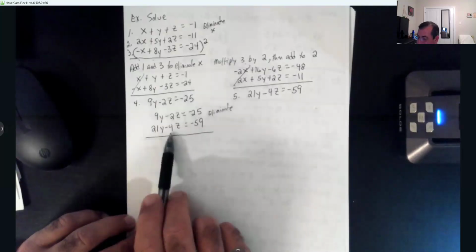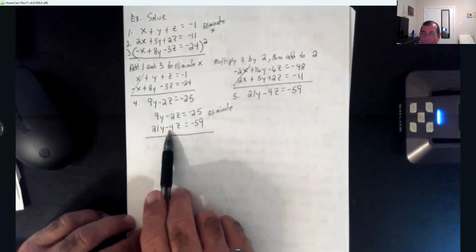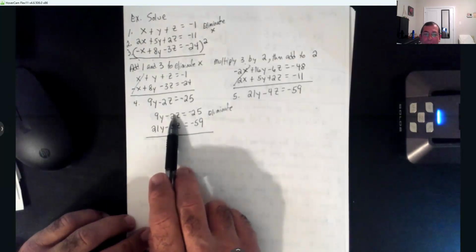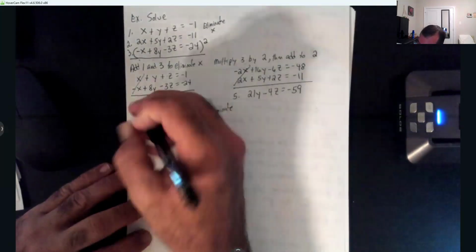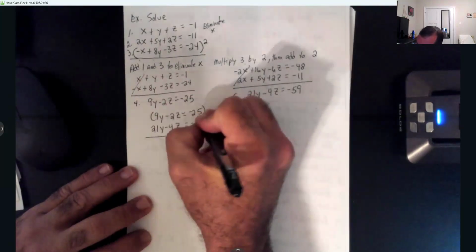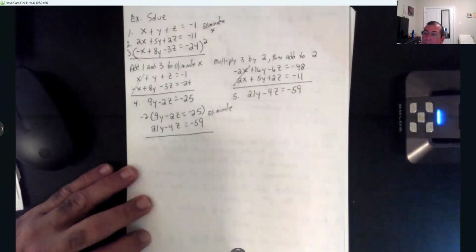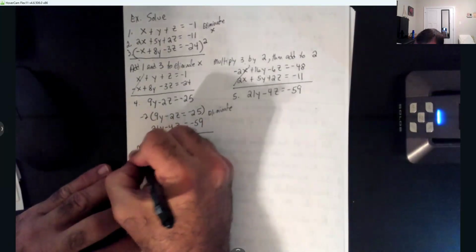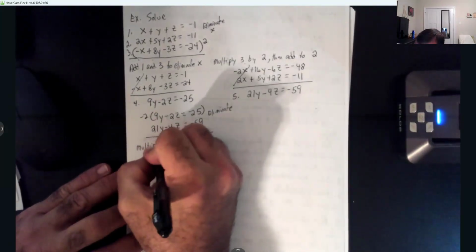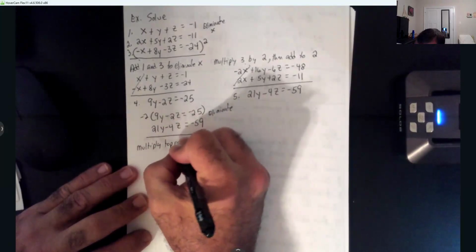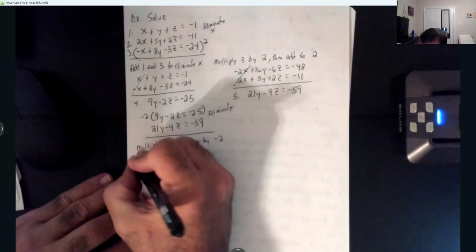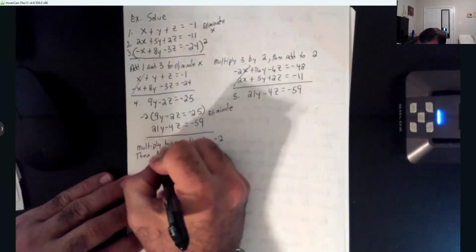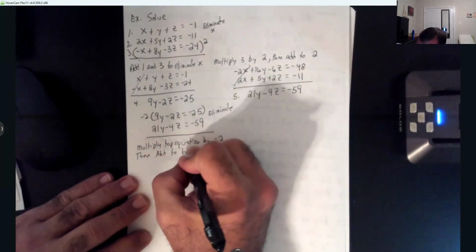Now notice, this one here's a -4. If I want to change a -2 into a +4, I got to multiply this equation by a -2 this time. So I'm going to multiply top equation by -2, then add to the bottom equation.